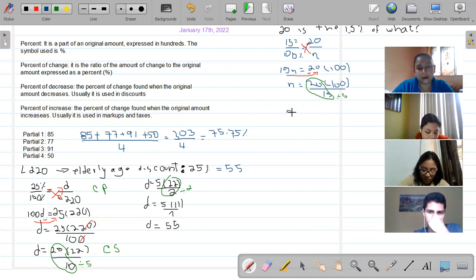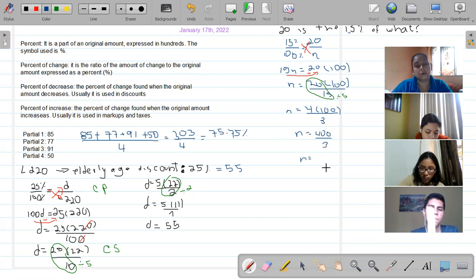Okay, and I get n is equal to 20 divided by 5, that's 4, times 100. Because 100, I'm not doing anything. Since I didn't have zeros in the denominator, I cannot cancel the zeros either. Over 15 divided by 5, 3. Now go ahead and multiply, because I cannot simplify 4 and 3, and I cannot simplify 100 and 3. So I'm going to say 400 divided by 3.